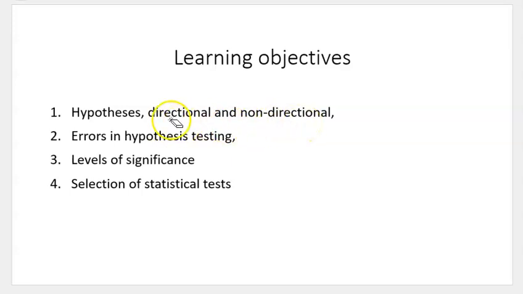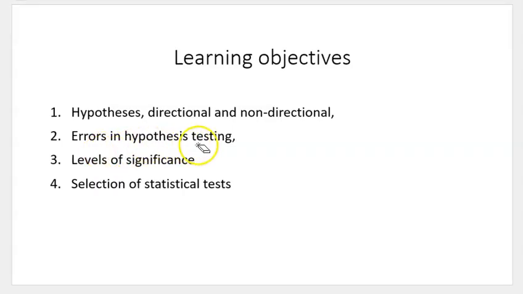Directional means that you decide your result beforehand, like group A will be higher than B. Non-directional will be that A and B groups are different. You don't say which group will be higher or lower, just that it's different. Directional means that you give the precise prediction about which one will be higher or lower.